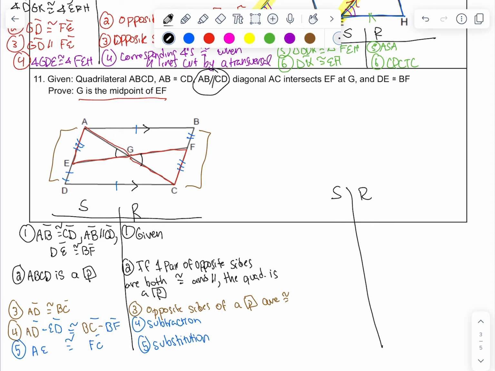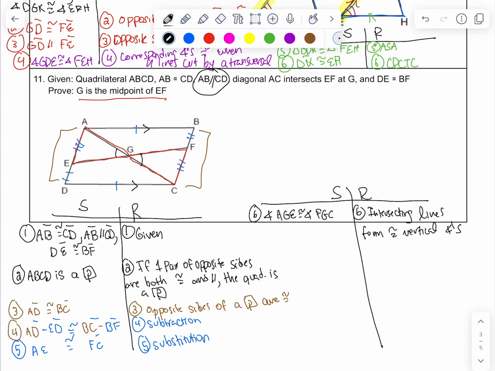I'm also going to put in the vertical angles. And now I need to figure out how to get one more piece of information because I have a side and an angle. I don't think I'm going to get any more side information.